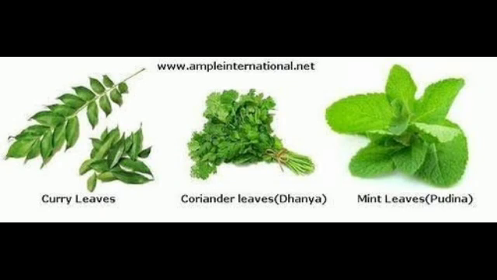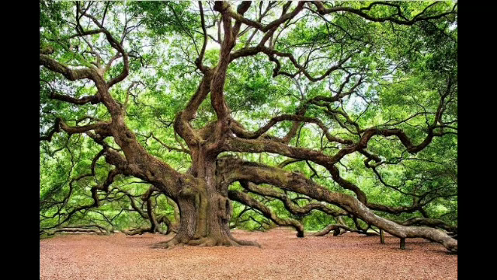In the case of trees such as peepal and banyan, they have a strong and thick stem, which is called a trunk. As the tree grows older, its trunk grows wider. As it becomes older, the stem becomes even stronger and also wider. Children, up to this any doubt?